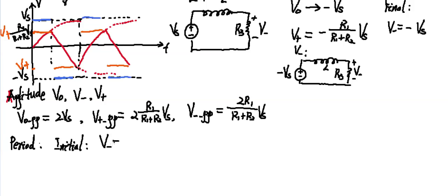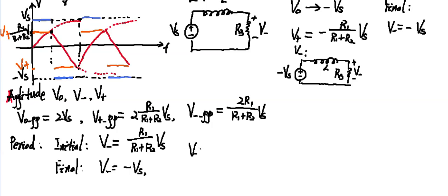The initial condition for V minus, at this point, is equal to V plus, which is R1 divided by R1 plus R2 Vs. And we also have its final state, which is fully charged up in the negative direction. So V minus should be equal to minus Vs.